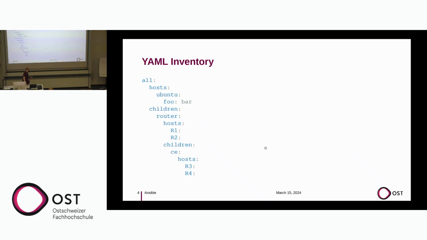A YAML inventory could look like this, a really simple one. Here we can also add variables directly in this file. I would normally recommend keeping the file as simple as possible, and then maybe using host and group directories with multiple files.